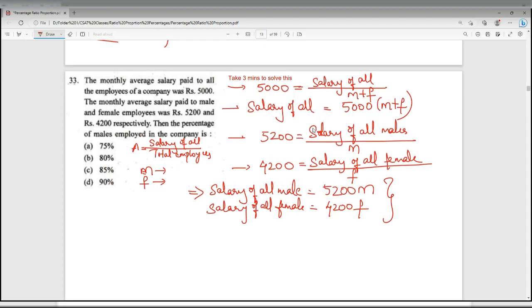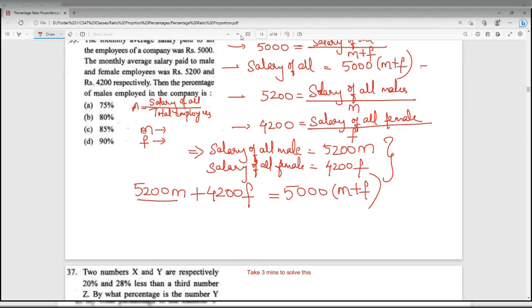So 5,200 M is the total salary earned by all male employees, plus the total salary of all the female employees, that is 4,200 into F. That is equal to the first equation, 5,000 into M plus F.